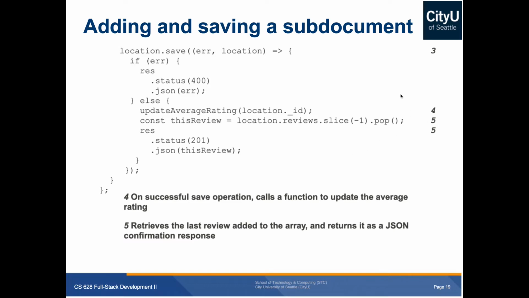Once you pop it, you get the last review, and then respond back that it was created. The reason we did this is not really to manipulate. Remember, we have already saved. We are not manipulating it because we assign it to a variable. We are just saying that here's the object that you have added to your array.